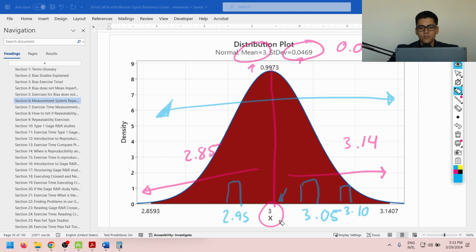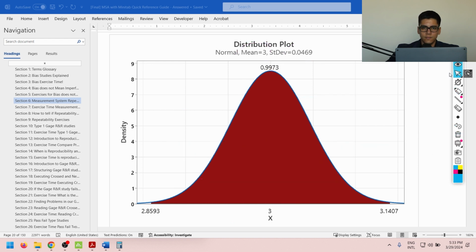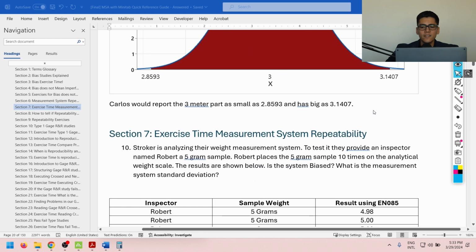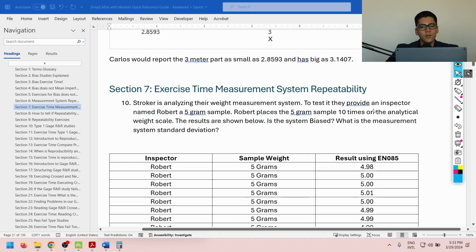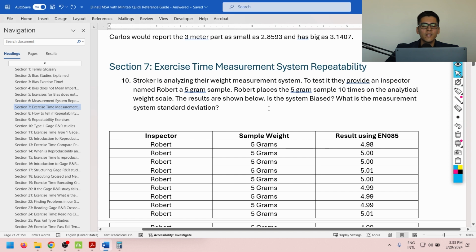So the real world part is going to be here in the middle, and Carlos' range is going to be toward the right and toward the left side of the real world nominal value. This might sound complex, but please don't worry. We're going to do a couple of exercises, and the topic should be more familiar to you as we do the exercises. So stay tuned.